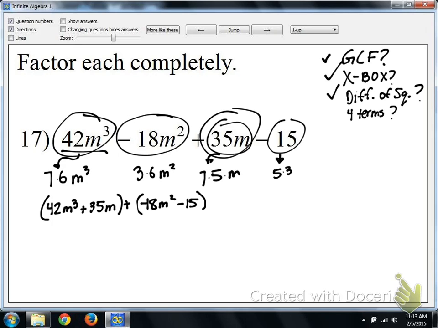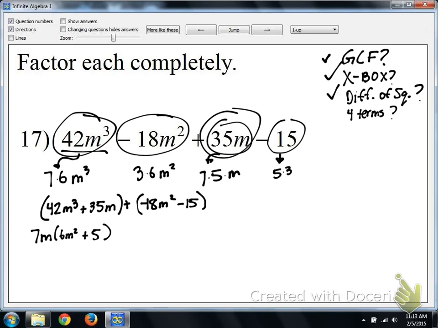Out of the first pair, we know that 7 goes into both of these, and m is in both of them, only one time. So I'm going to pull out a 7m. 42m cubed divided by 7m is 6m squared. 35m divided by 7m is positive 5. Close parentheses. On this next one, look what sign is in front of both of these numbers.